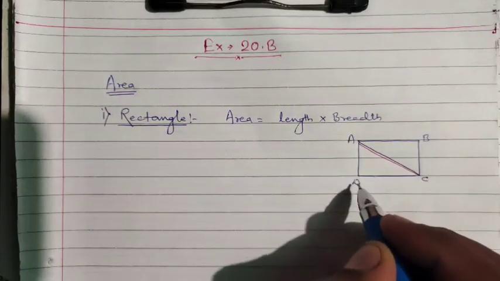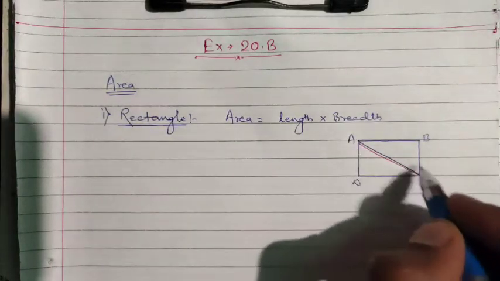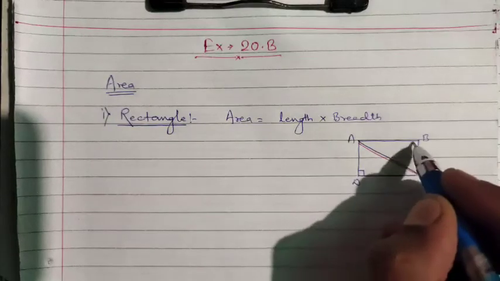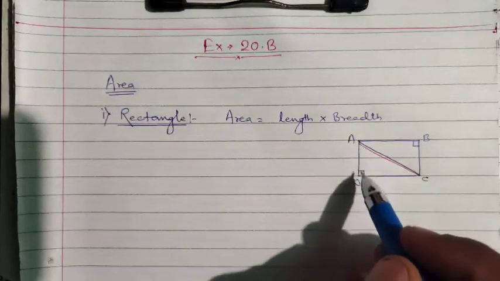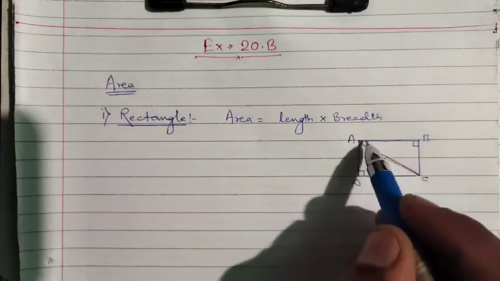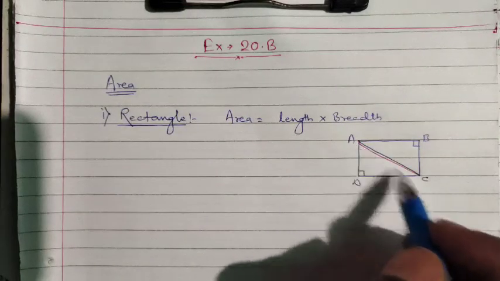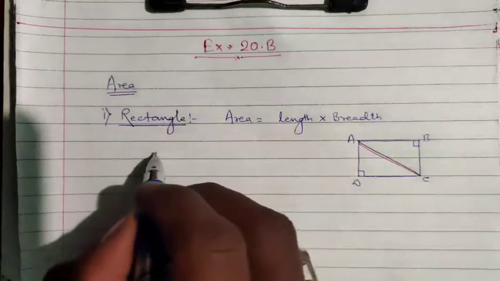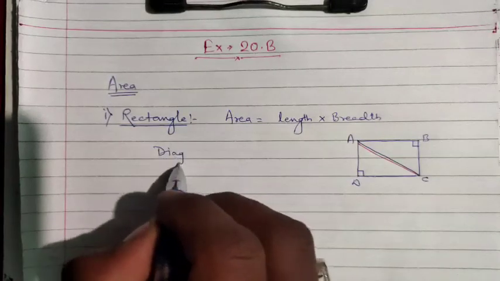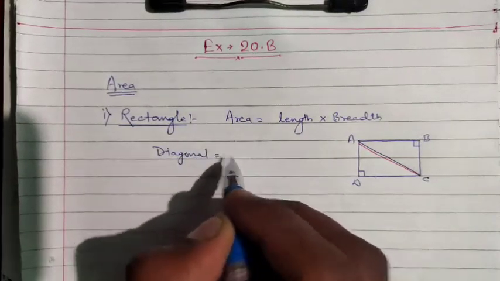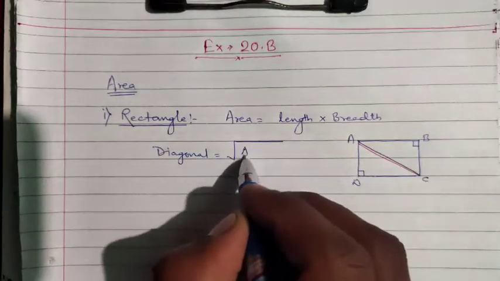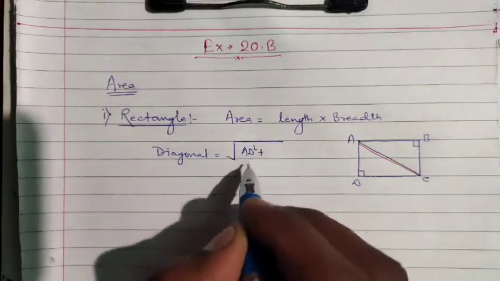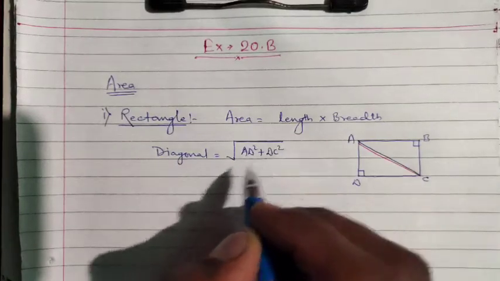ABCD is the rectangle, and we all know that every angle is 90 degree. So in that case, this ADC is a triangle and it is a right angle triangle. So we can calculate the diagonal by using Pythagoras theorem. So we can directly write diagonal is equal to, according to this figure, under root AD square plus DC square.